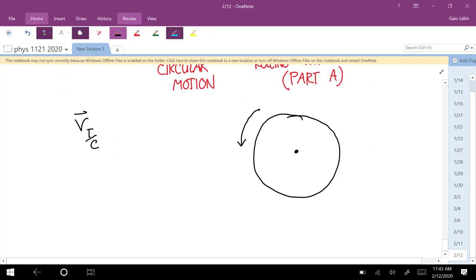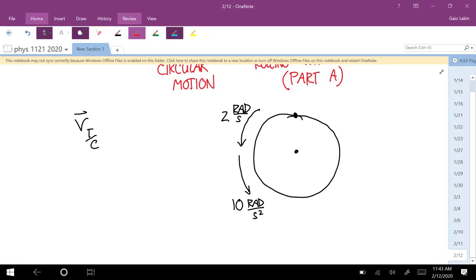So there's an angular velocity of 2 radians per second and an angular acceleration of 10 radians per second squared. And we want to figure out what's going on at the top. We know that the radius is 0.5 meters.